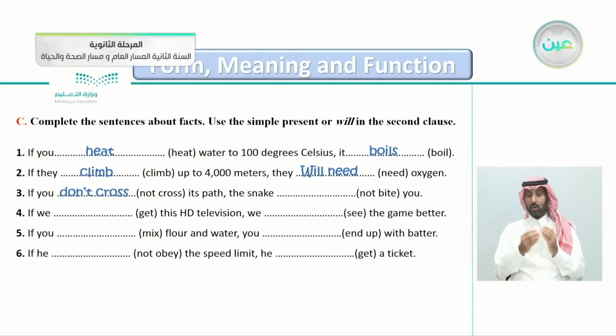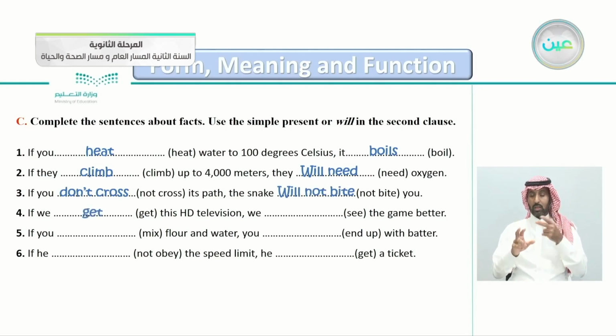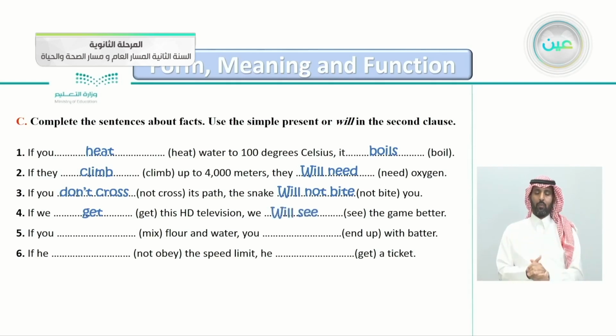If you don't cross its path, the snake not bite. That's correct. Will not bite you, or you can say won't bite you. Number 4, if we get this HD television, we see the game better. Do we see or we will see? Yes, we will see the game better.